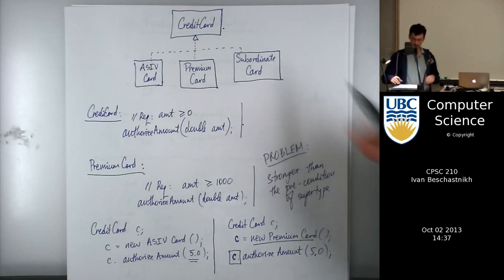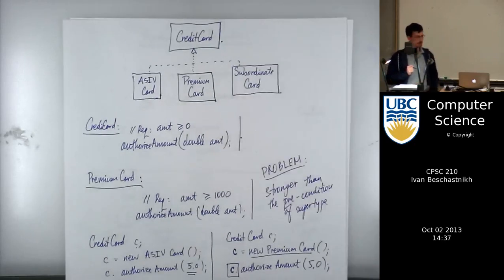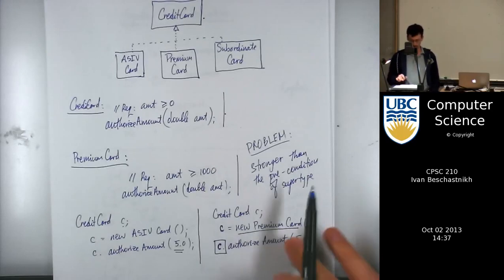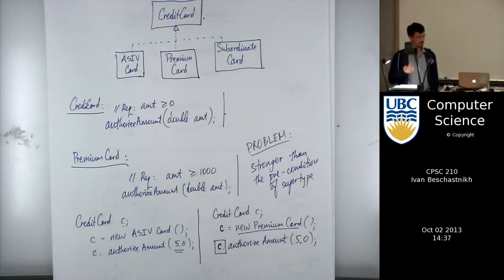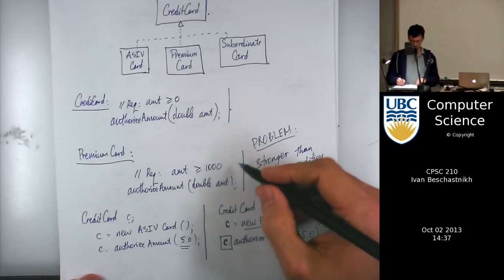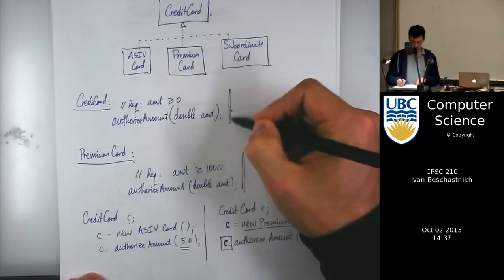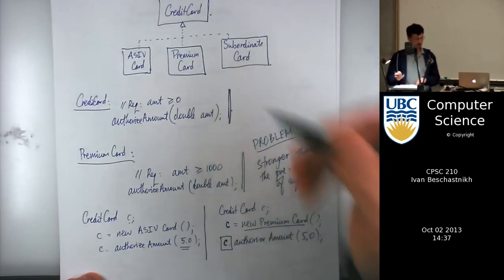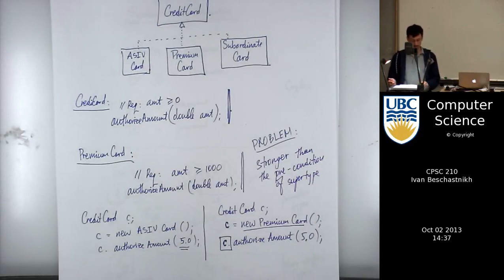Basically it says that when you have this type hierarchy, in order to semantically reason through this sort of code, I have to think about the specifications, and I have to think about the preconditions and the postconditions of the methods for all of those types. And so when I have a specification that looks like this, it's a problem, because I can't substitute premium card for card.